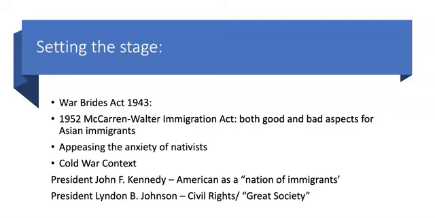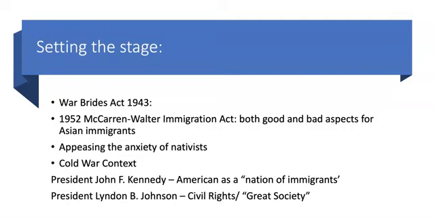Now, one of the first acts that gets passed is during World War II. And again, these are laws or immigration acts that are not excluding, but actually leading towards inclusion. As I mentioned, this is the War Brides Act during World War II. As you can imagine, you had American servicemen fighting in the Pacific during World War II, and they're marrying Asian women, taking them as brides.